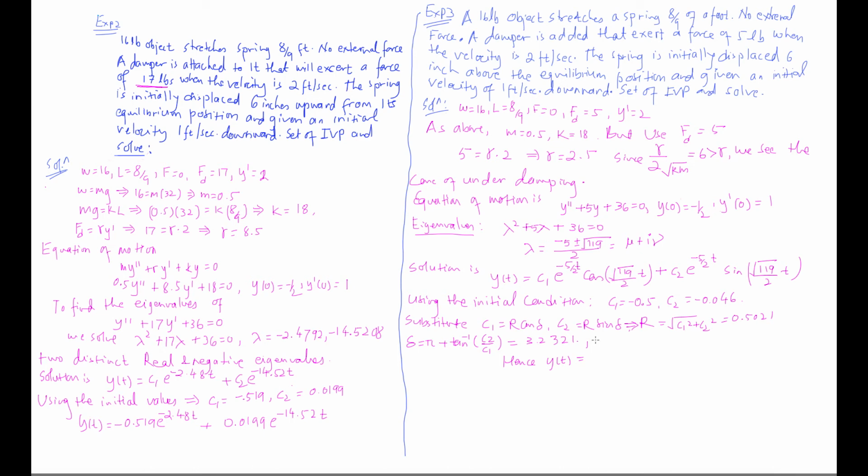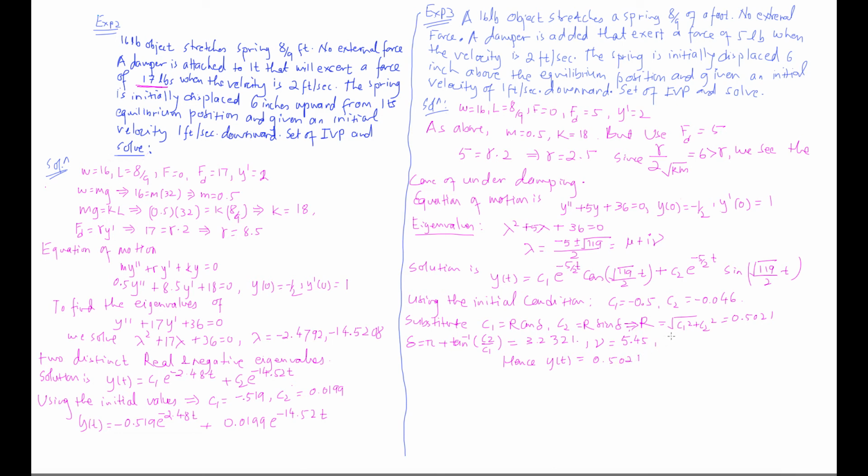So how do I find nu? Nu is basically the square root of 119 over 2, right? That is 5.45.